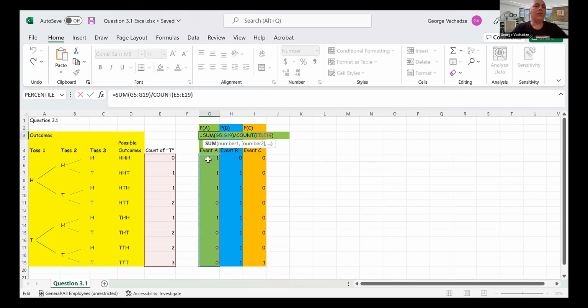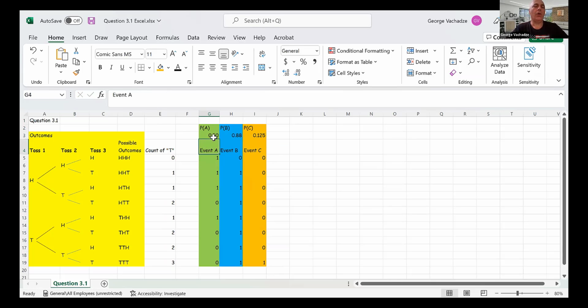We sum up column G, which gives us how many times A occurs, and divide it by the number of all possible outcomes, which is 8. And the answer is 0.5. So the probability of event A occurring is 50%.